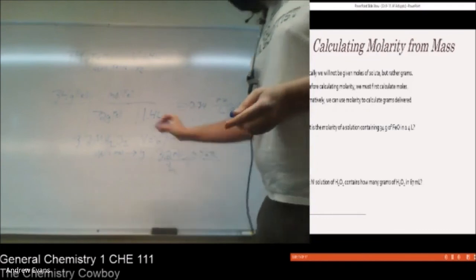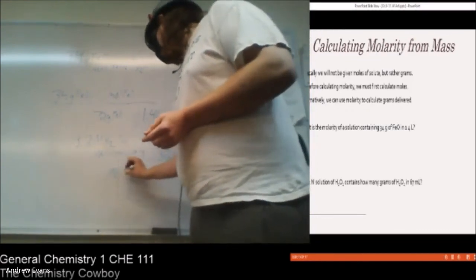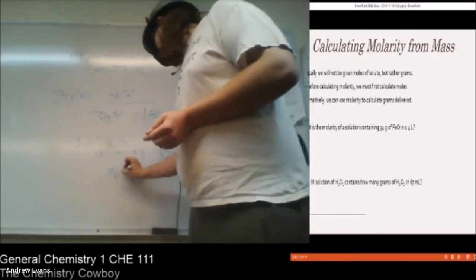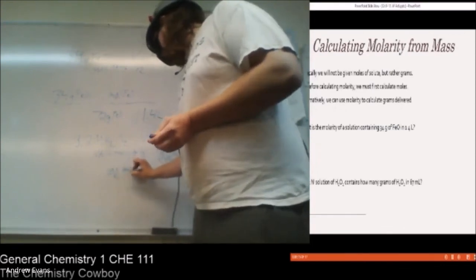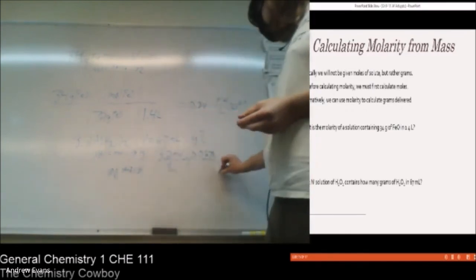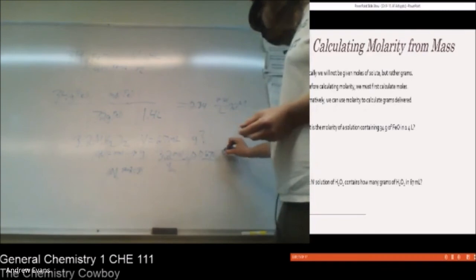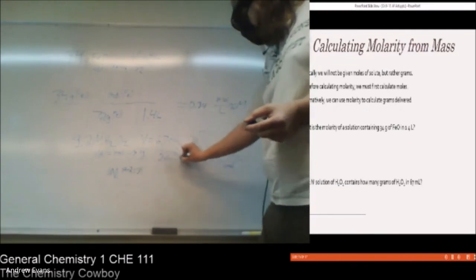And then the molar mass, I forgot to do this. 16 times 2 is 32, plus 1 times 2 is 2, so 34. The molar mass is 34 grams per 1 mole.